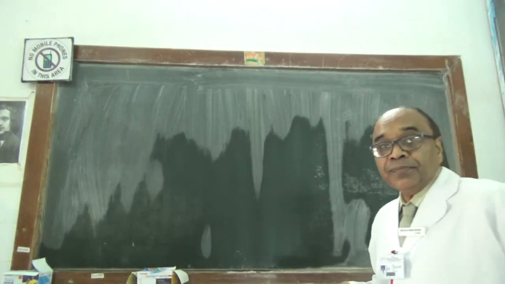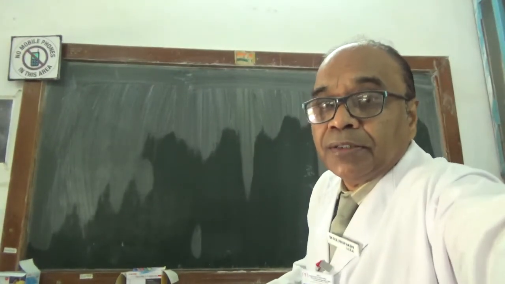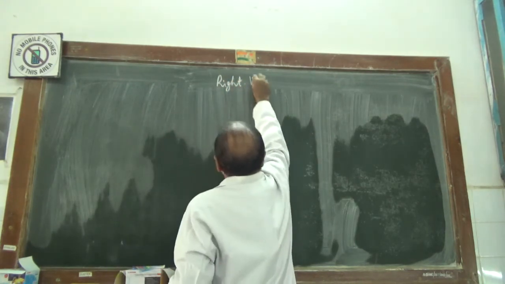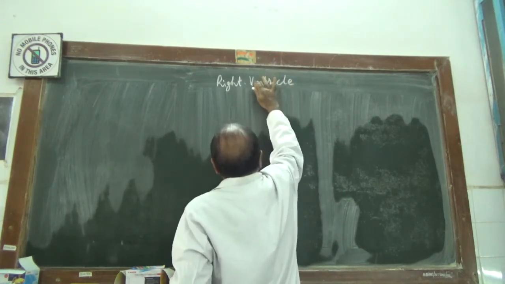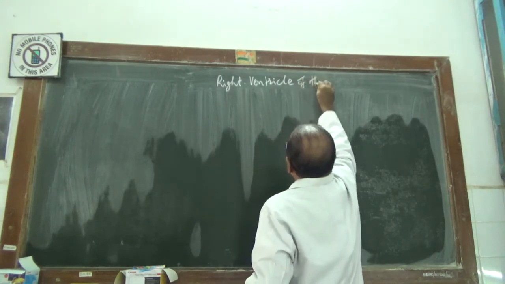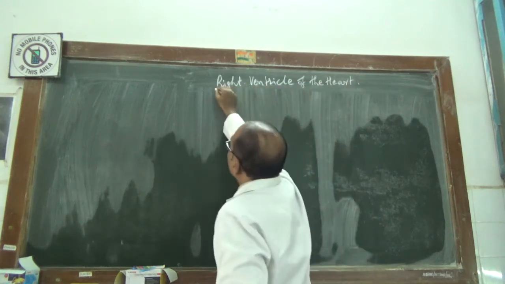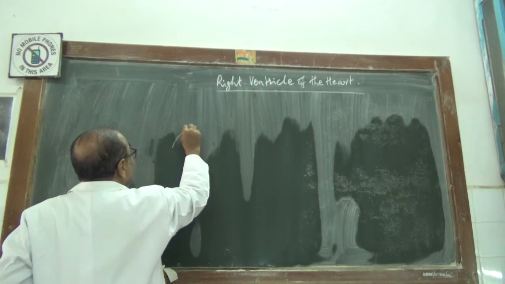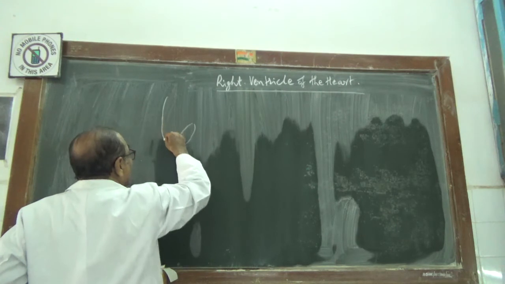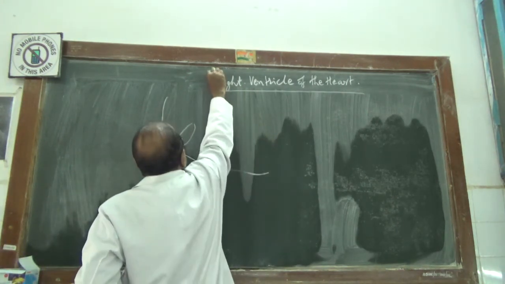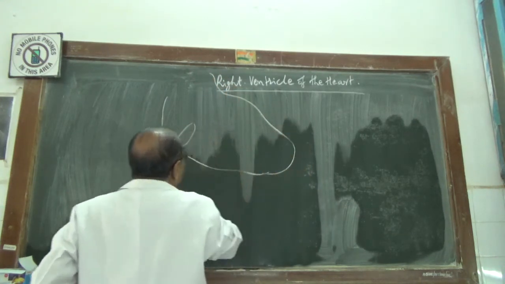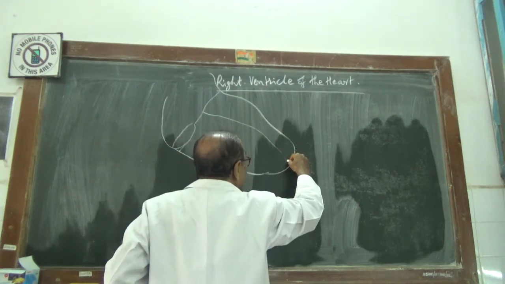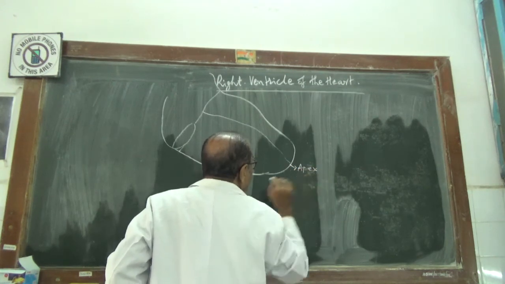The right ventricle of the heart. If you have taken the right ventricle of the heart, it is the one which starts from the outflowing orifice of the right atrium to the apex of the heart.